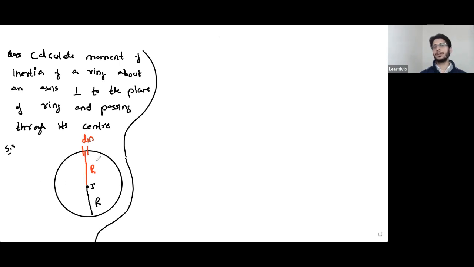So you need moment of inertia of the ring about an axis passing through the center. First of all, you have to decide whether this ring is a discrete distribution or a continuous distribution. The ring is a continuous distribution. There are masses placed back to back over the ring. It's a continuous distribution.